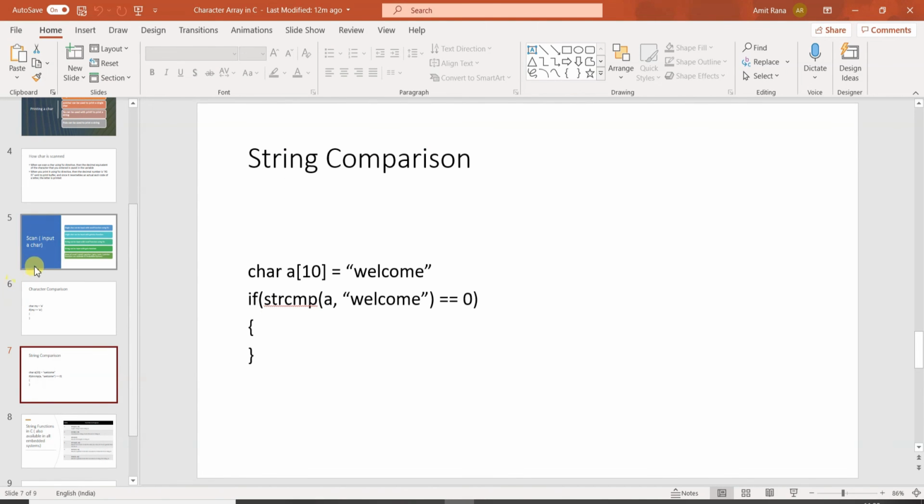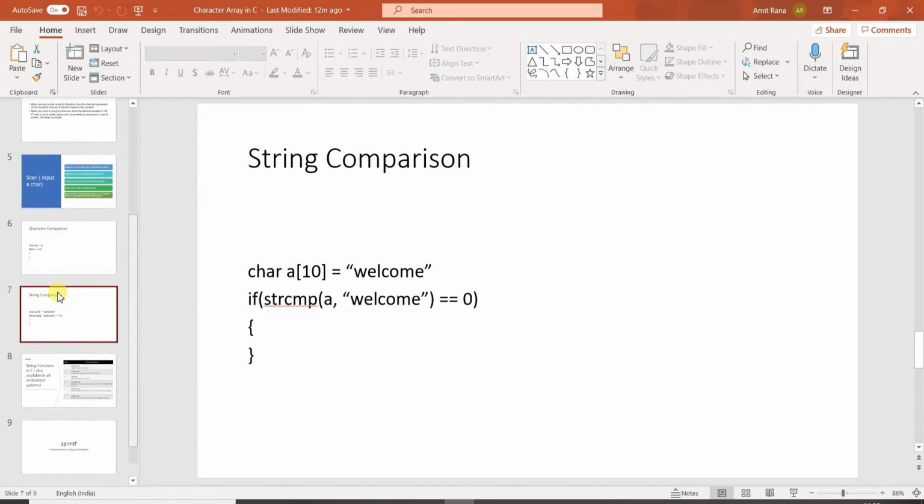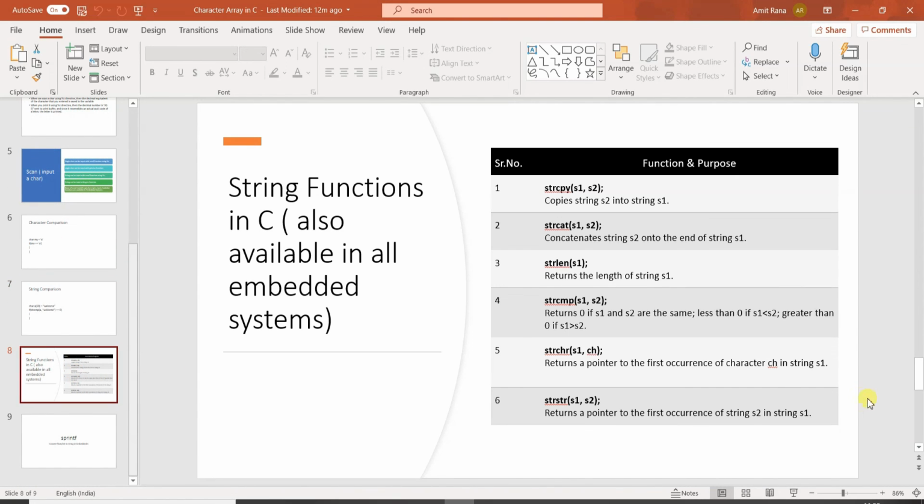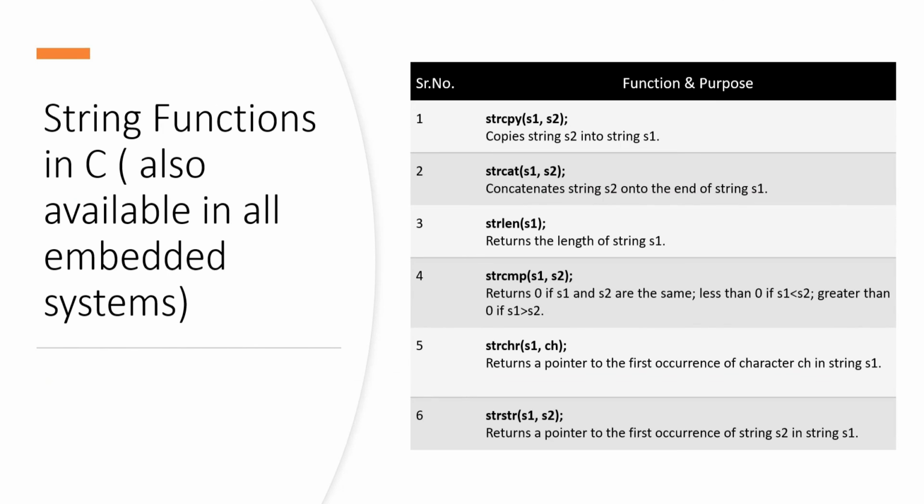Now there are a number of different string operations which are supported, as shown here. strcpy is used to copy string 2 into string 1. Whenever you want to copy the text from one to another, you can use strcpy. The strcat operation is used when you want to concat the string s2 on the end of s1.